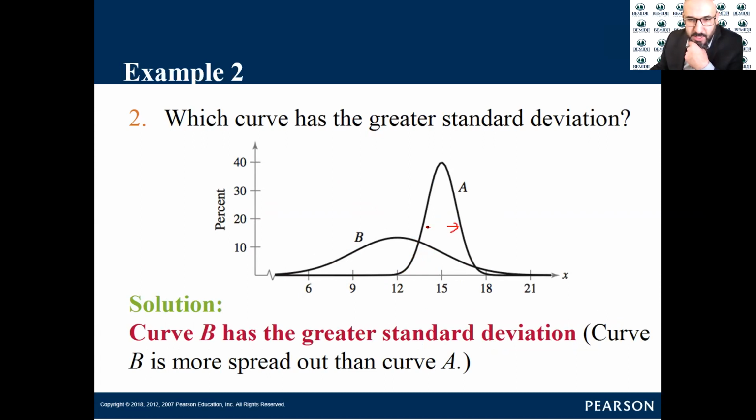This is the standard deviation for A, this is sigma here, and this is the standard deviation for B, from this point to this point, and that would be the sigma. And we look at this sigma versus sigma. This would be a bigger sigma, bigger standard deviation, bigger variation. So B has a greater standard deviation.